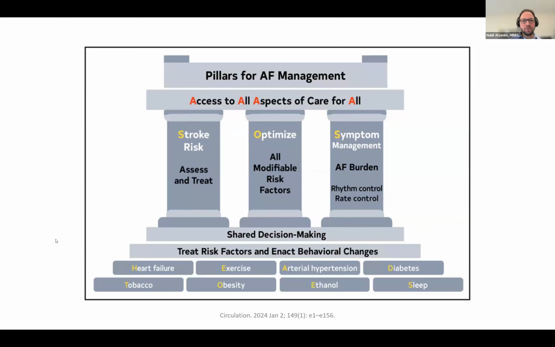It's very important to optimize all modifiable risk factors like obesity, hypertension, sleep apnea, diabetes, alcohol, and tobacco use. And the last one is symptom management, either through rhythm control or rate control.